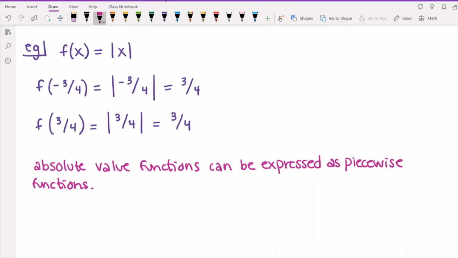But now I explicitly want you to pause and think about how you could express the absolute value function as a piecewise function. If you wanted to write down a formula for absolute value that did not involve the absolute value symbol, what are the two different situations? Certain numbers are treated differently in the absolute value function than others. What are those two different types of numbers, and what might that point you towards as a piecewise function?